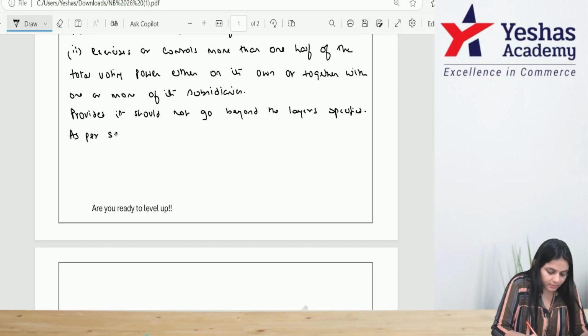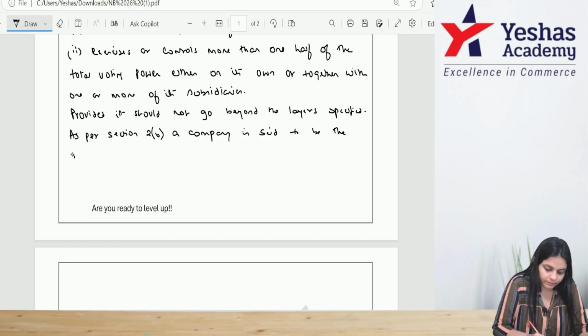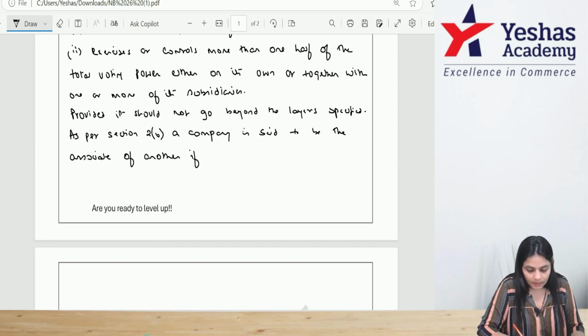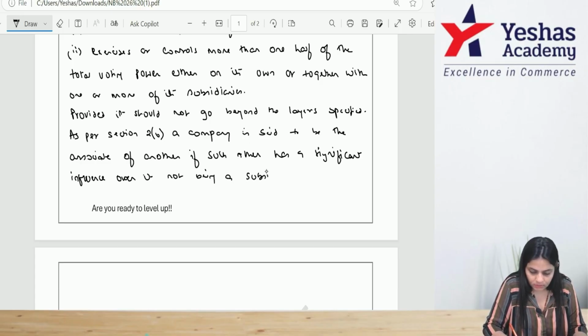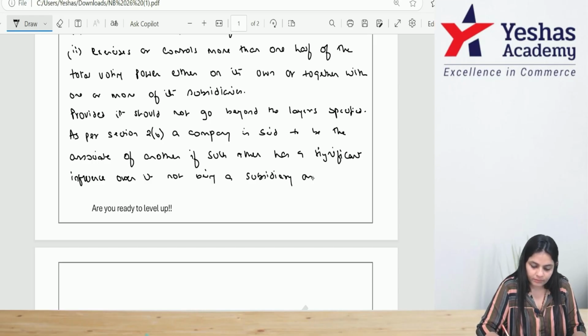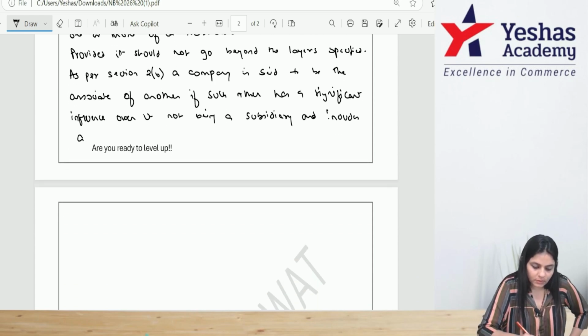So, as per section 2, clause 6, a company is said to be the associate of another if such other has a significant influence over it, not being a subsidiary, and includes a joint venture, right?